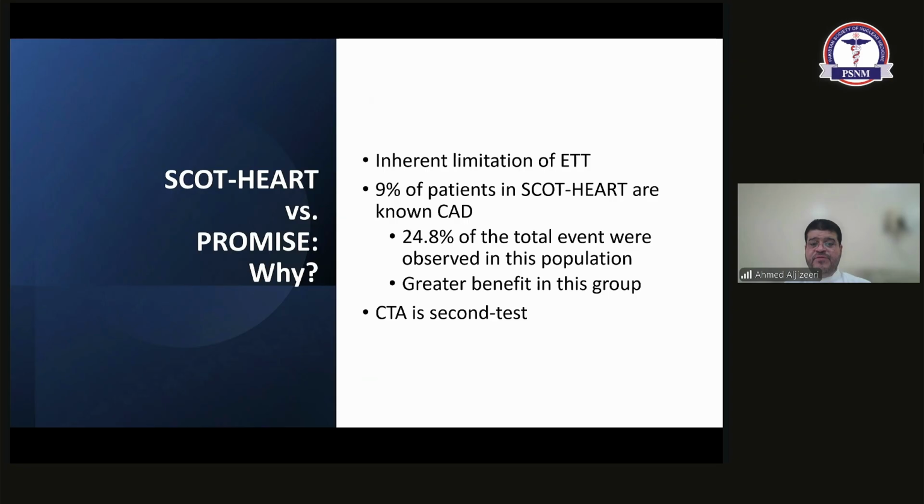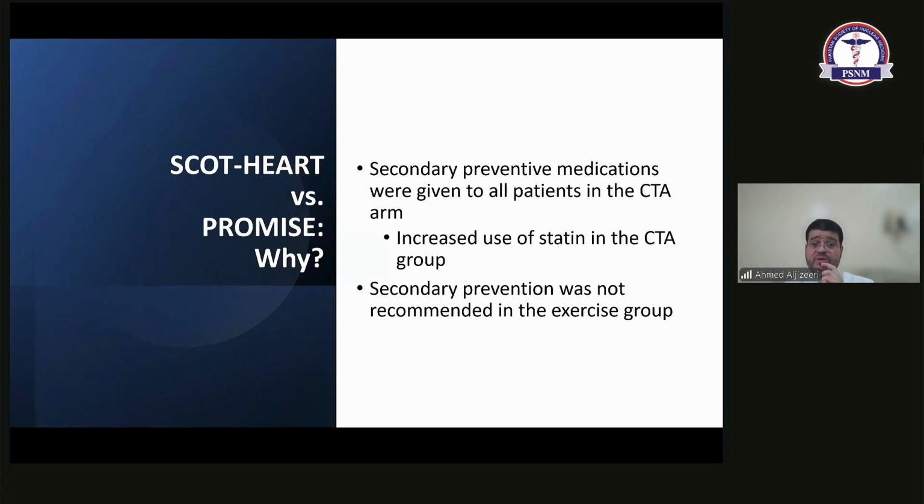First of all, every single patient in Scott-Hart had an ECG, and therefore if I see an intermediate lesion and the exercise test is normal, I wouldn't send this patient to coronary angiography. Only 9% of patients in the Scott-Hart study had coronary artery disease, and the majority of the events happened in those patients. Furthermore, Scott-Hart also implemented a lot of preventive measures in those patients who had CT, and those patients who did not have CT were not recommended to have preventive measures such as a statin and lifestyle modification.